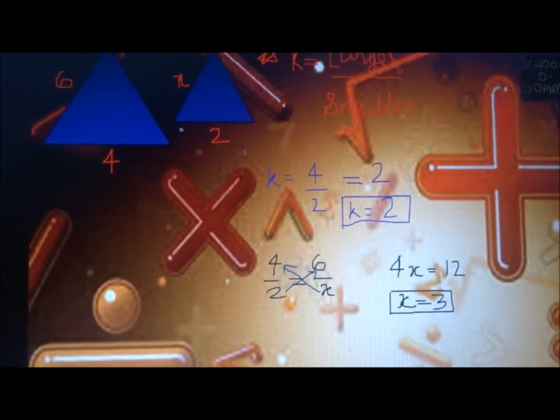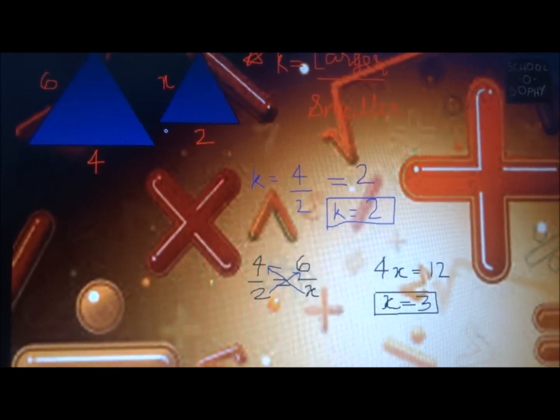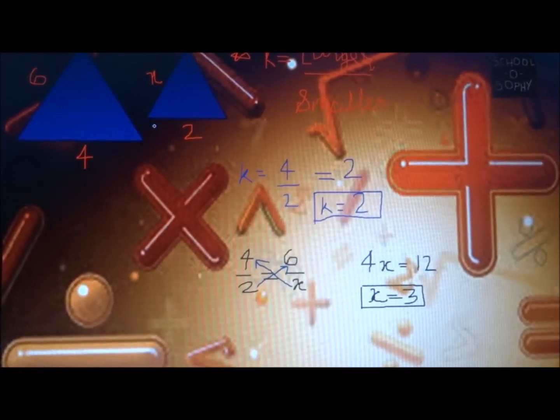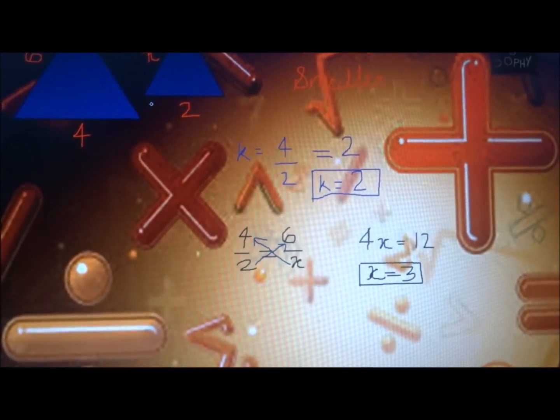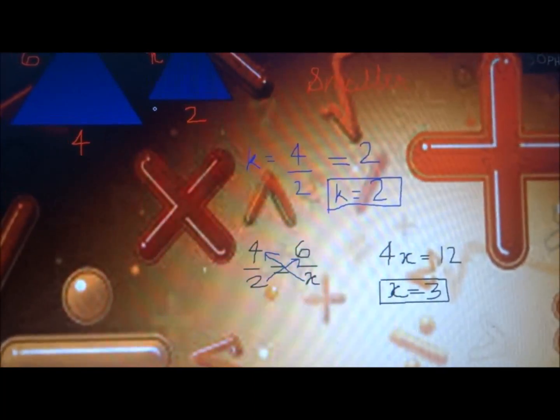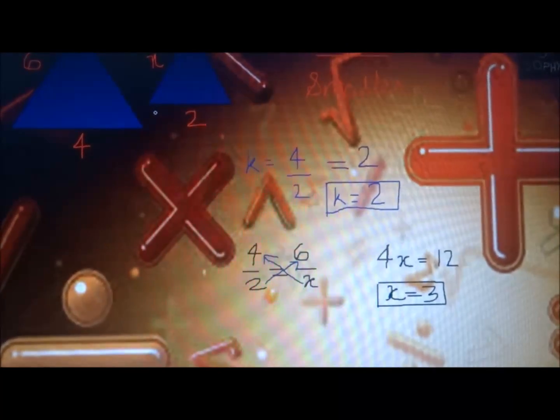That is, if larger upon smaller or the factor of enlargement is 4 upon 2, that is 2, then 6 upon x will also be equal to 2 and x will be equal to 6 upon 2, which is equal to 3.